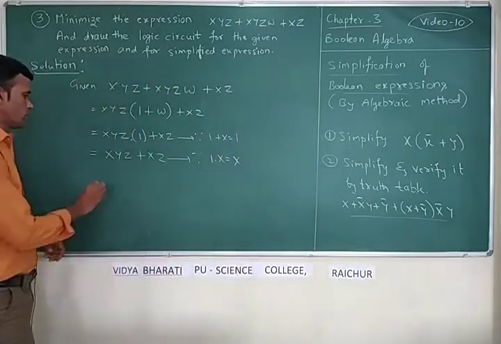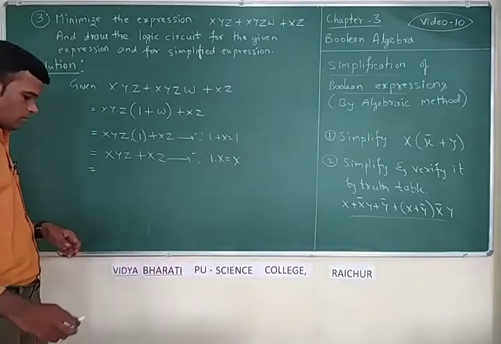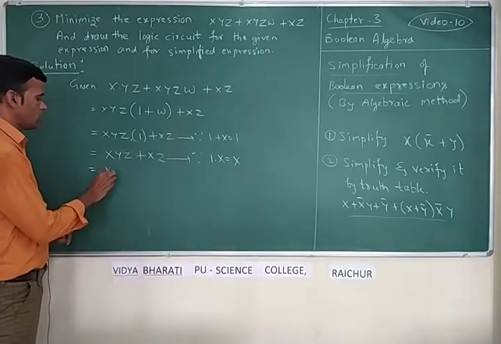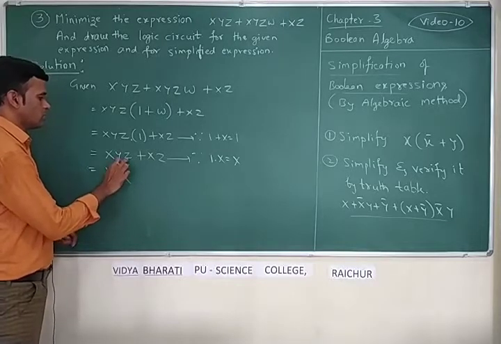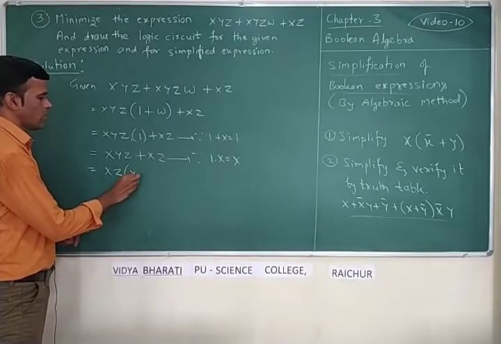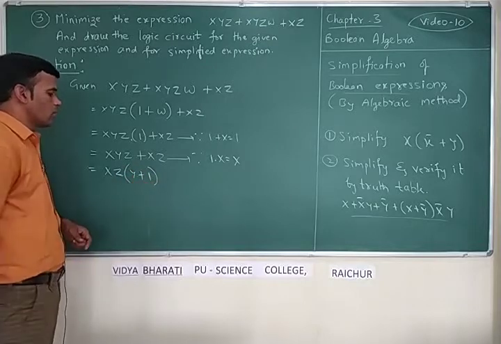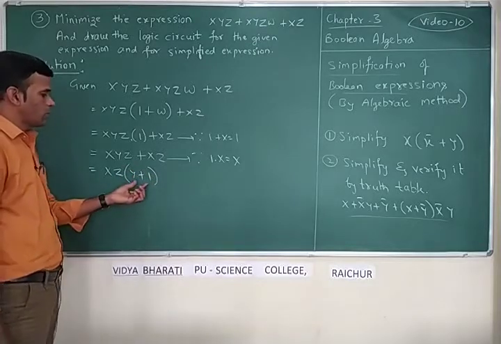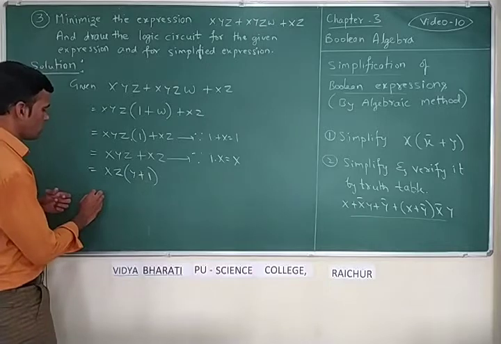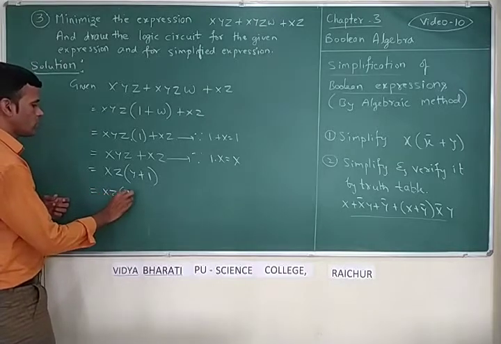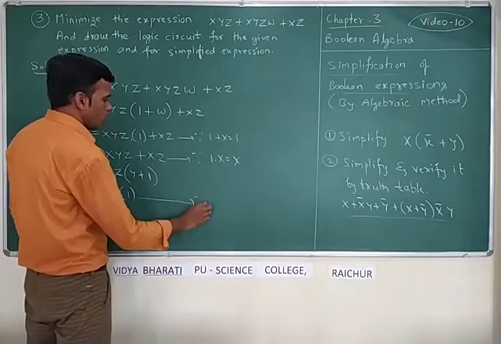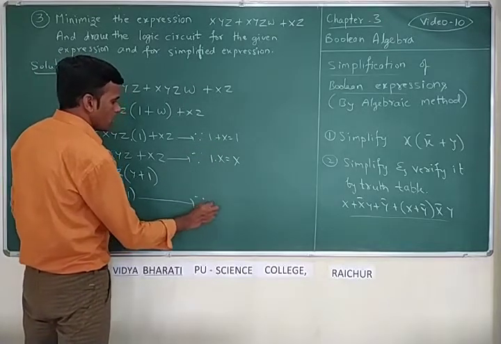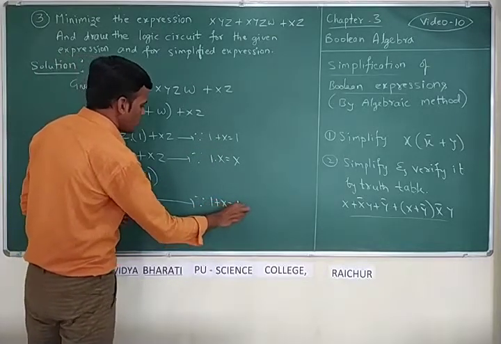Next, here again if you observe, we can take the common xz, then here it is just y, and that side it is 1 only. So again you can use the property of 1. Within the bracket xz it's going to be only 1, because of this particular theorem, 1 plus x equals 1.